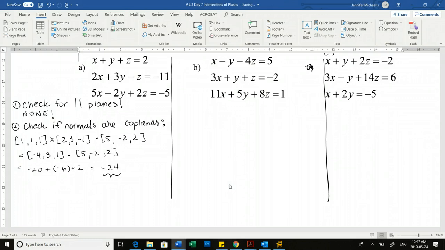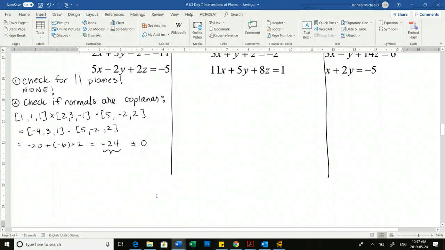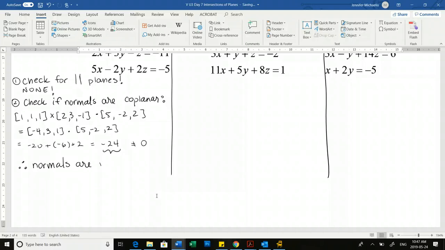So because this is not equal to 0, we automatically know that the only solution that we have left here is, what is the option? Yes. So if the normals are not coplanar, and I don't have any parallel lines, the only option I have left is that all these planes intersect in a single point.